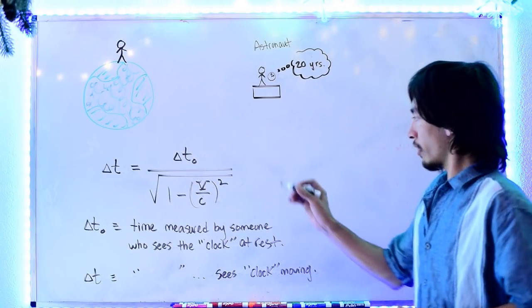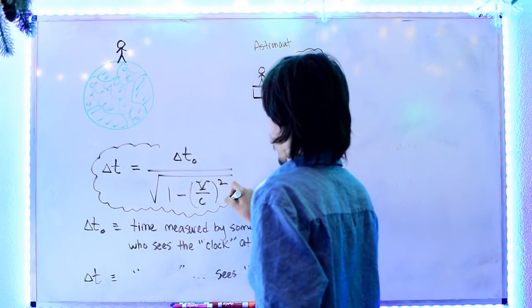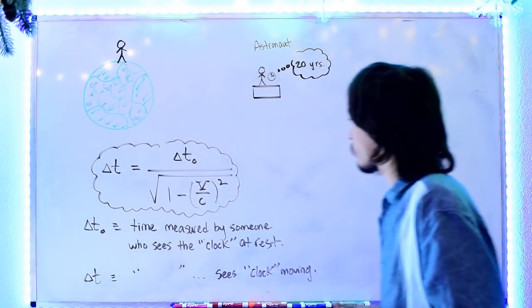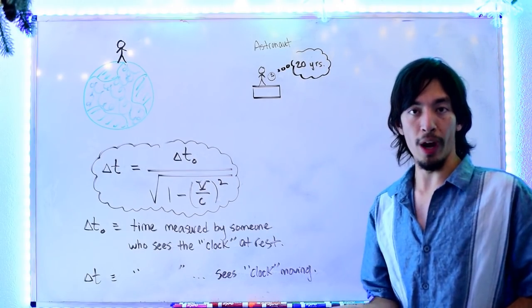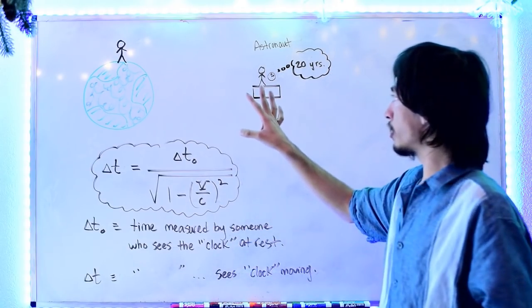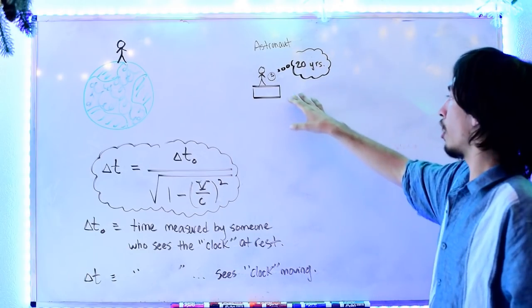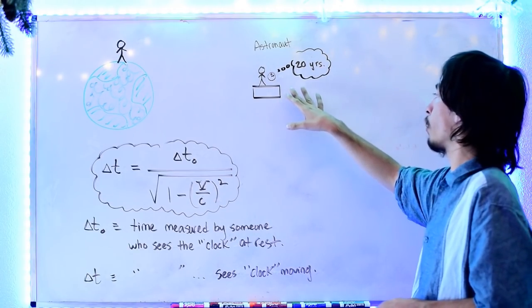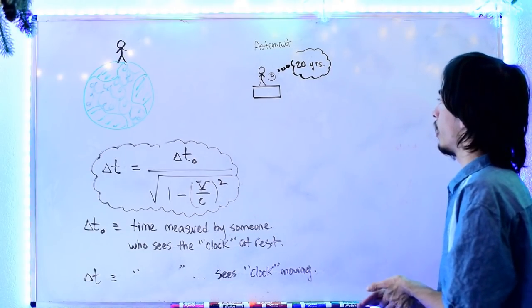Now, with these definitions, you have to ask who sees the clock at rest. In this case, the spaceship is moving, and you would draw a velocity on it: 75% the speed of light moving away from Earth.